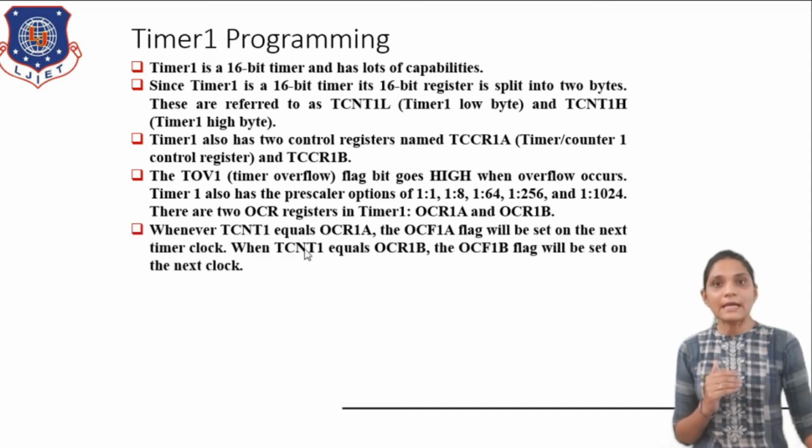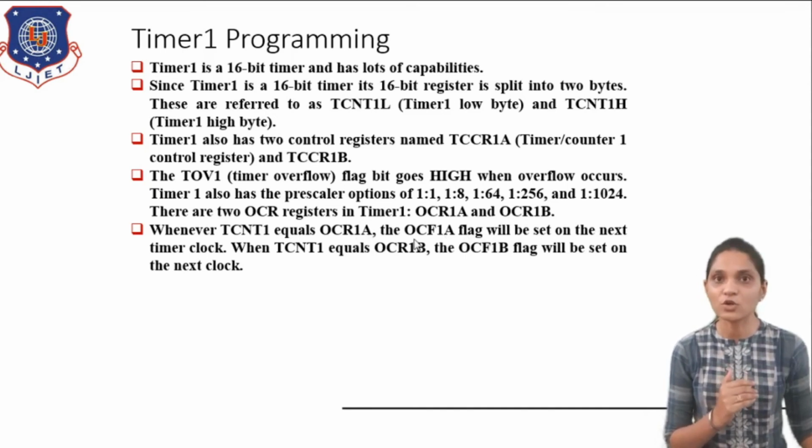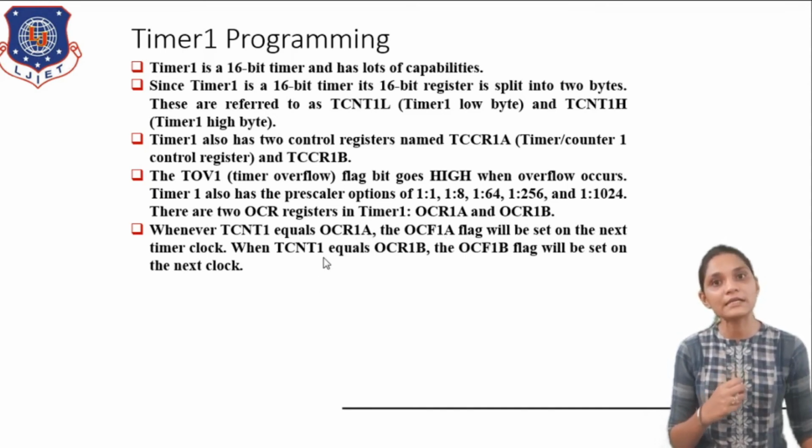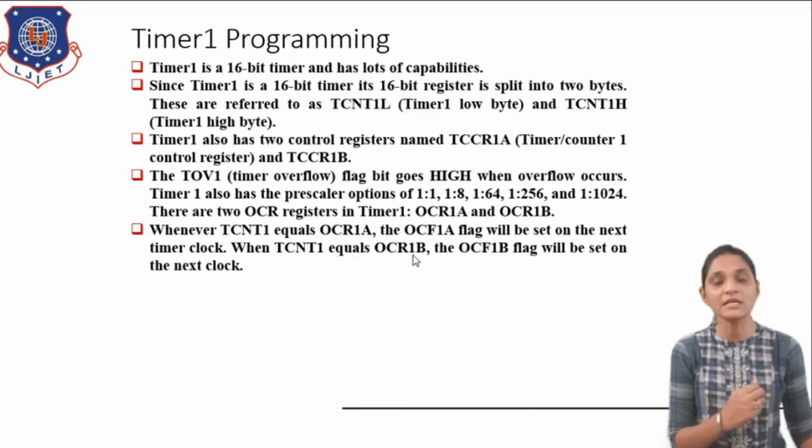When TCNT1 equals OCR1A, the OCF1A flag will be set on the next clock, and if your TCNT1 equals OCR1B, at that time the OCF1B flag will be set.